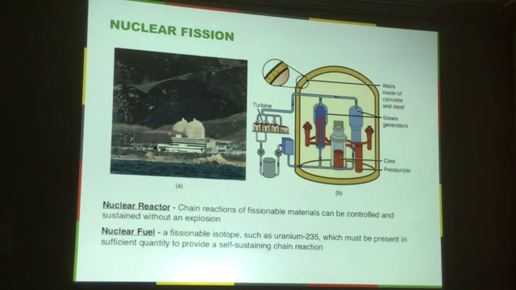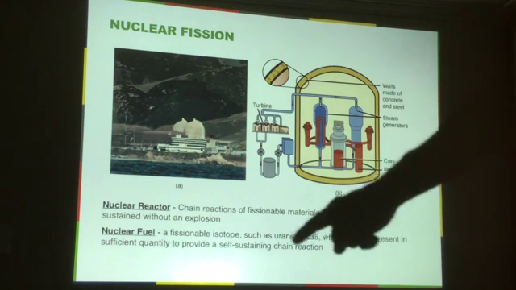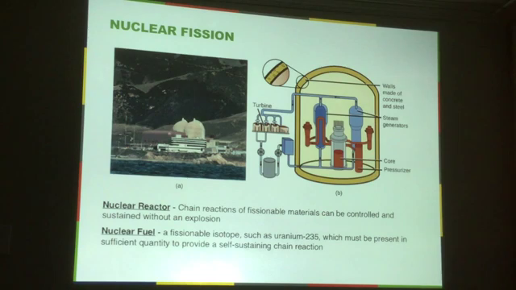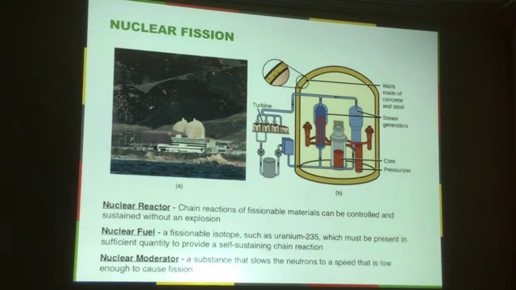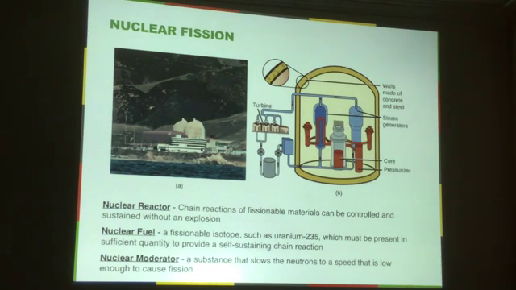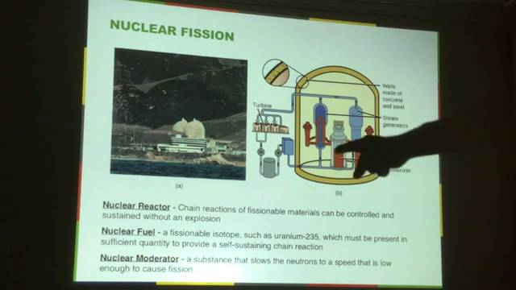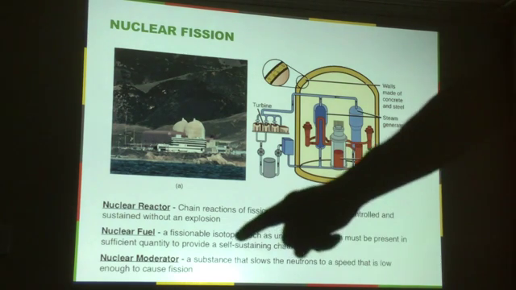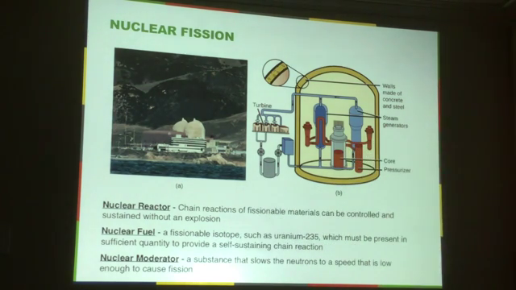Now, the purity of the uranium-235 that's used for this compared to that used for weapons is different. And that's why they talk about weapons-grade uranium and weapons-grade plutonium. Now, in the fuel part, which I'll show you a better picture of in just a minute, here's the core right here. You have another substance mixed in, which is called a nuclear moderator.